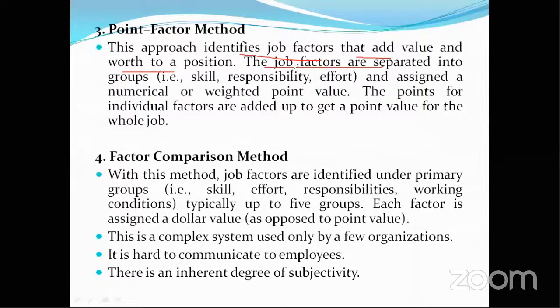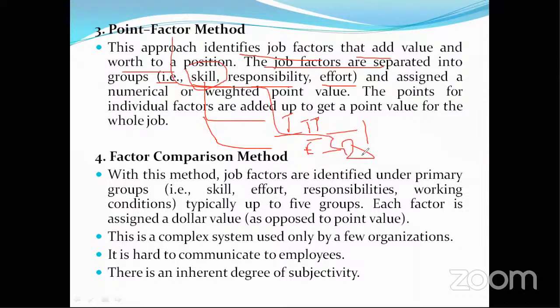The job factors are separated into groups, based on skill, responsibility, and effort involved. You assign numerical values to them. Suppose a person requires ITI, 1 point is given. If a job requires engineering, you assign 2 points. So based on skill, you are awarding points.